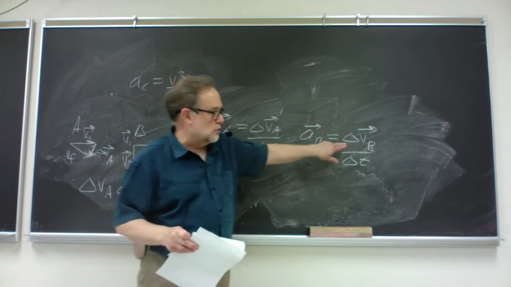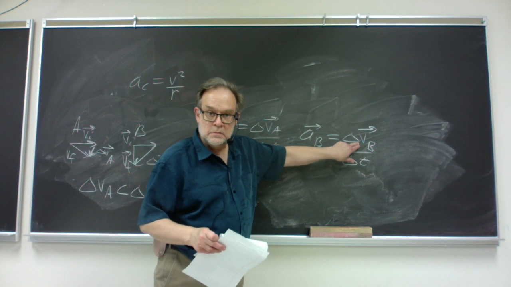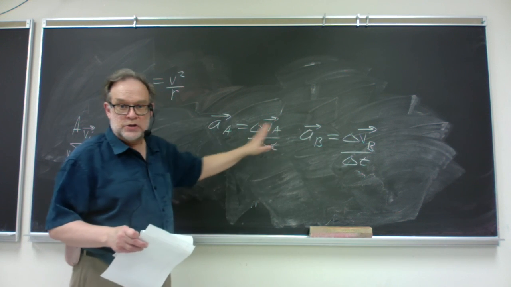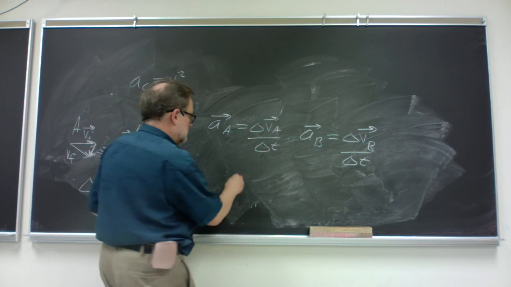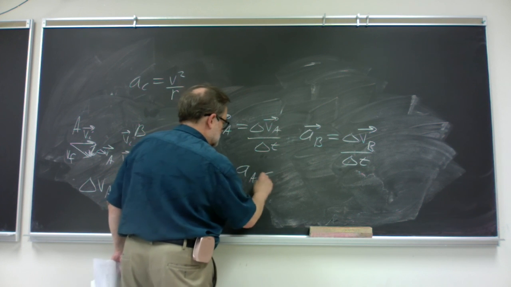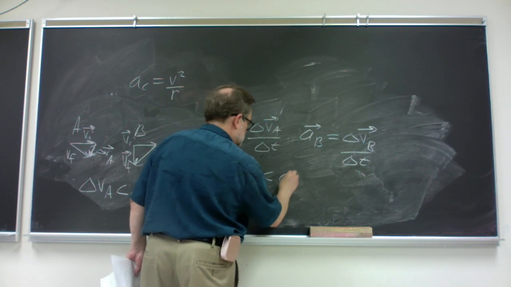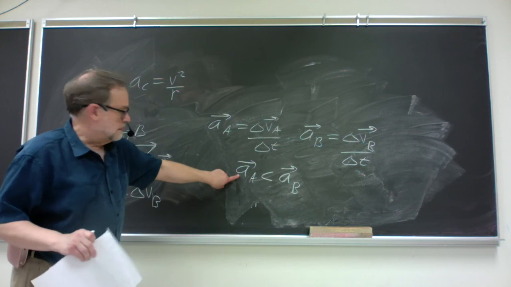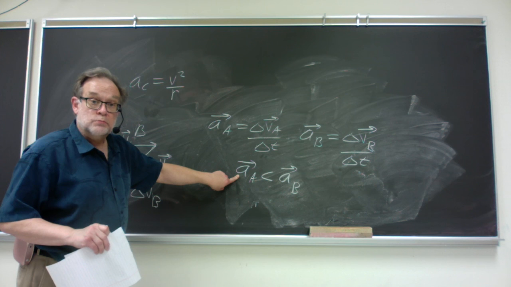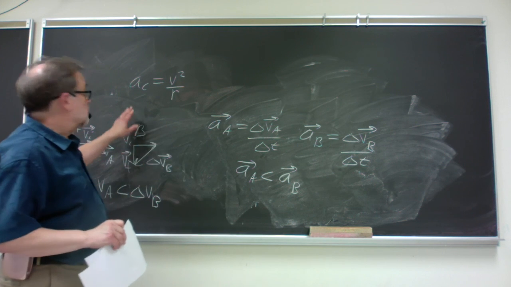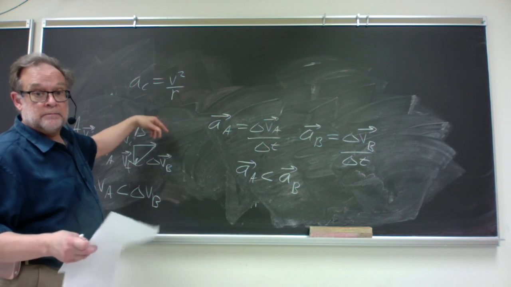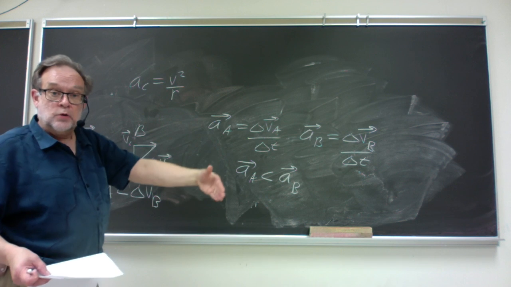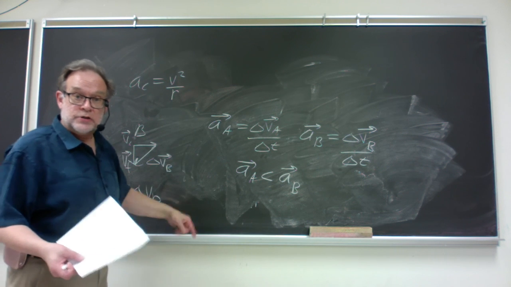This is smaller than this, which means this acceleration is smaller than this. The car that was moving on the bigger circular path, the path with a bigger radius, had a smaller acceleration.